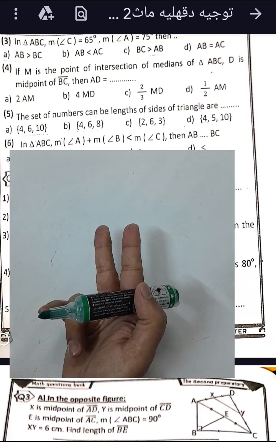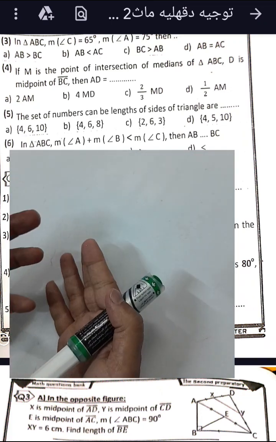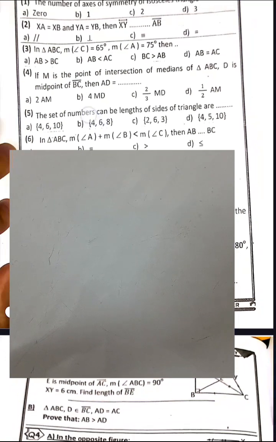Letter B is true, because the sum of any two sides is greater than the third. So when you want to find the relation between two sides and the third, you must add the smallest numbers first. The smallest numbers here were 4 plus 6, equals 10. 10 is greater than 8, then the result here will be letter B. It's true. Question number 6.